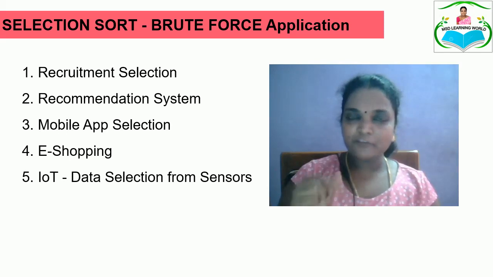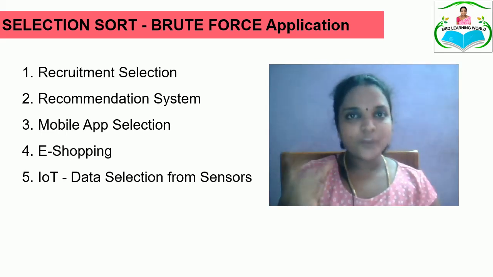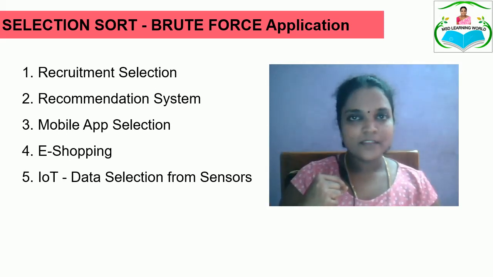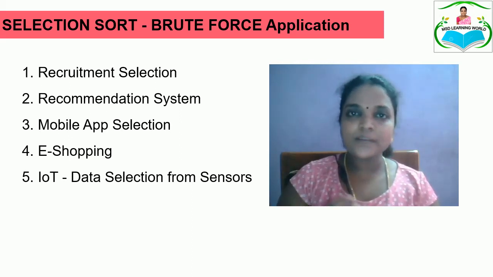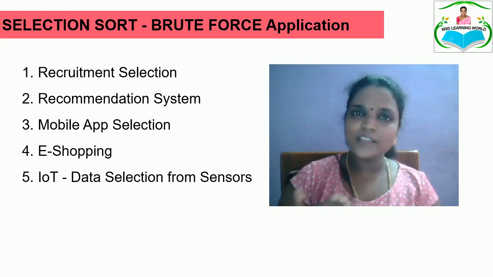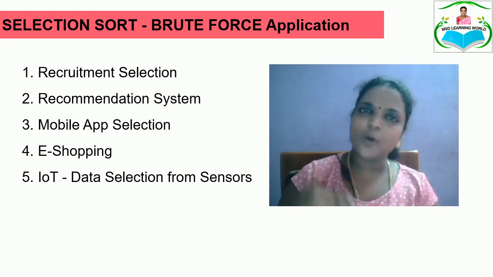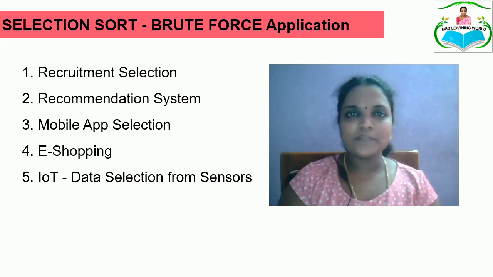As an applicant, if you want to select a list of jobs that satisfies your requirement, the query will select the list of jobs available from the website. So, this is a real-time application where selection sort is used. Next comes your recommendation system. Nowadays, the recommendation system is used in all the real-time websites.